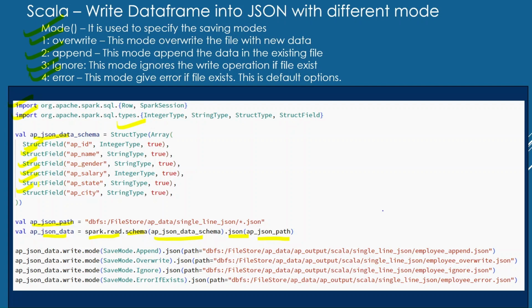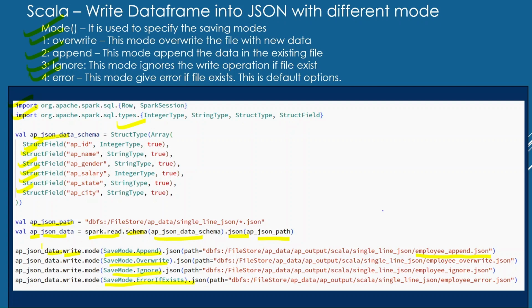Once this data frame gets created, we are going to write the data frame into a JSON document with the help of the write function by using different modes. One is append, second is overwrite, third is ignore, and one is error if exists.